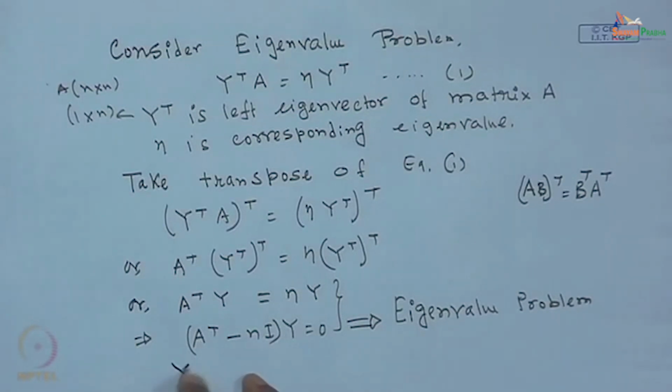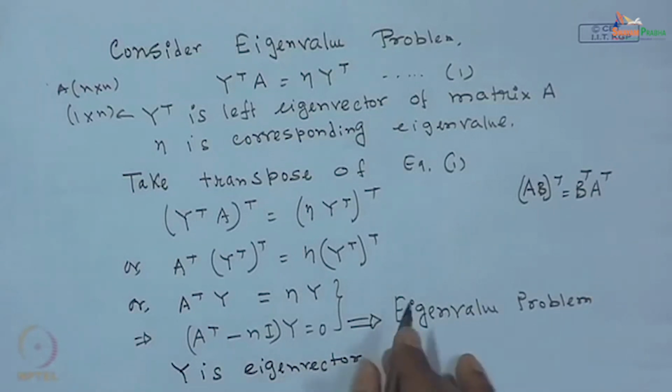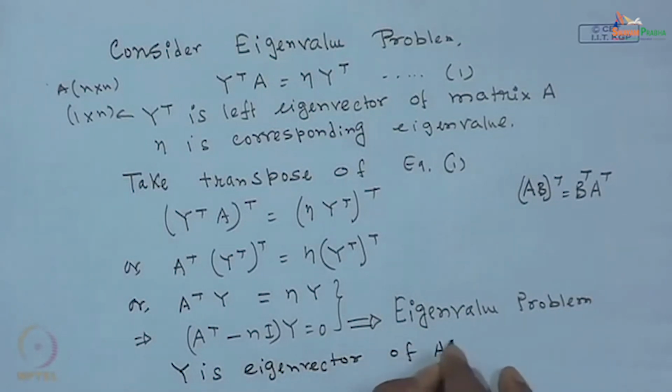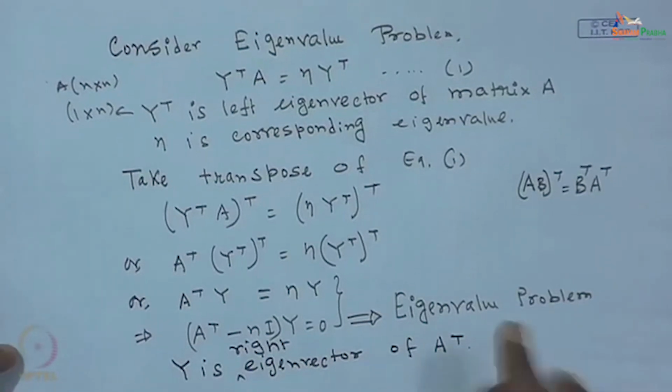So, y is an eigenvector of A transpose, and y is the right eigenvector of A transpose, because y is occurring on the right side. So, that completes the proof.